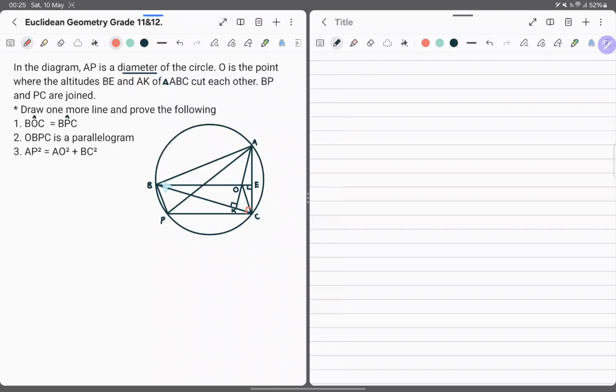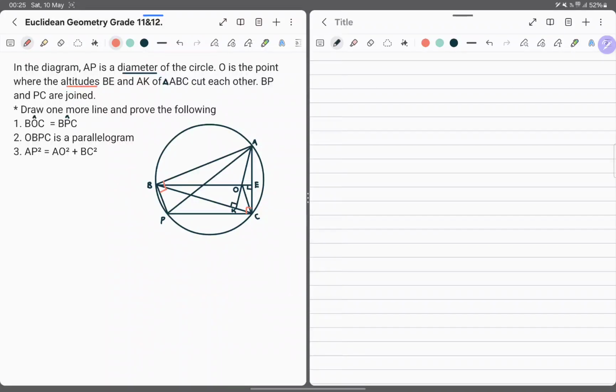And that should be 90 degrees. Right. Because AP subtends BPA or ABP, as well as PCA or ACP. So those should be right angles. So remember, every time information is given, we utilize it. O is the point where the altitudes.